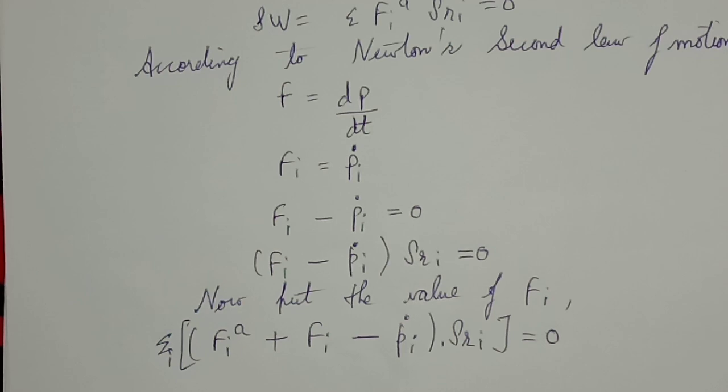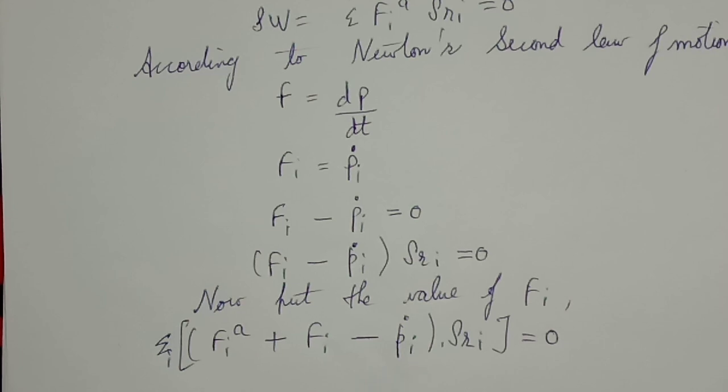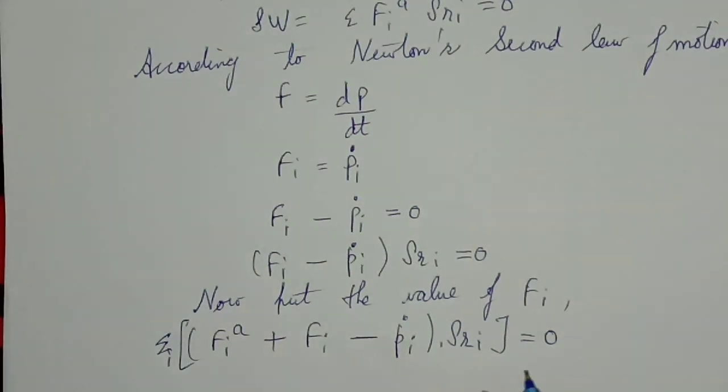In this, we take when the system is dynamic, then this is our force, the sum and difference of momentum. So multiply delta Ri with this.